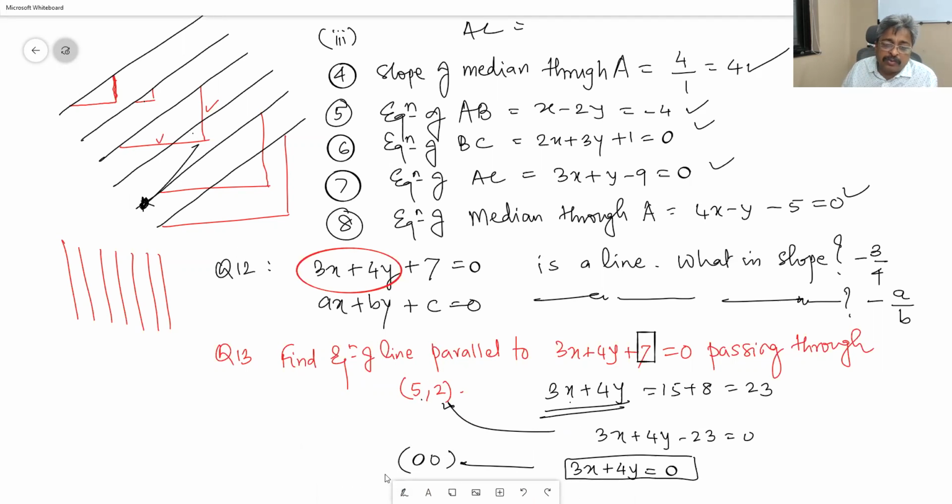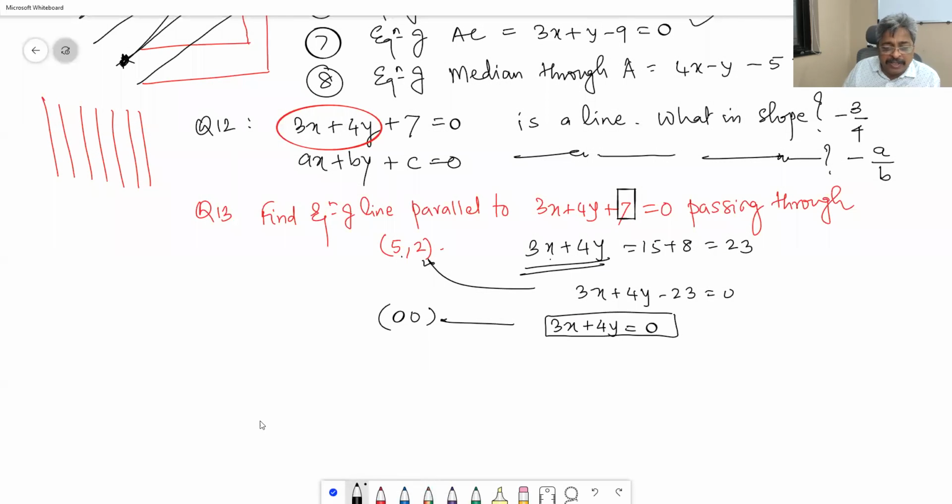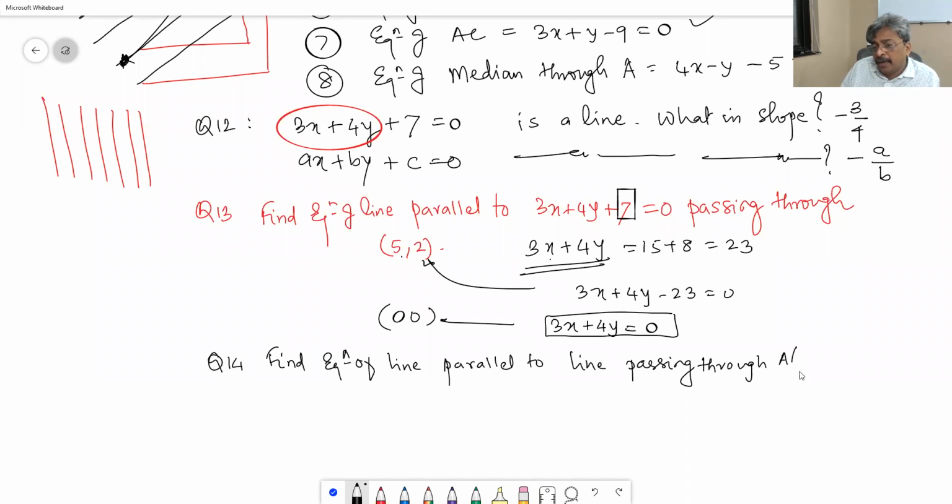So I can make the problem a little more difficult by saying this, question 14. Find the equation of the line parallel to the line passing through A (5, 2) and B (minus 3, 7), and passing through C (1, 2).